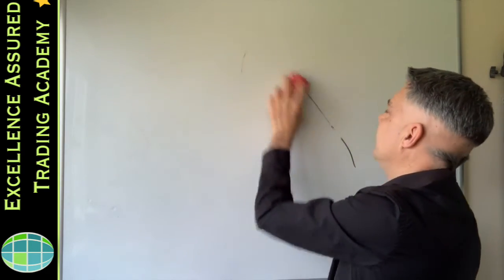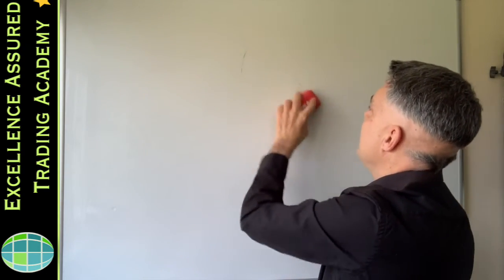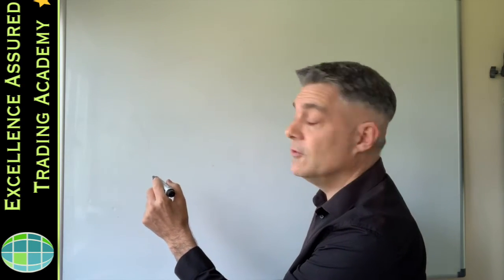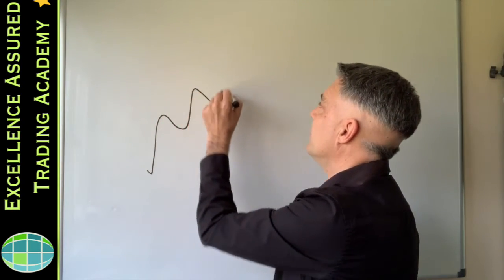Chart patterns all have their own unique risk and reward setups. We call it a measure rule, if you like. It's a rule that you can use to measure the trades. And very often what you find with double tops and double bottoms is that you get this kind of action.